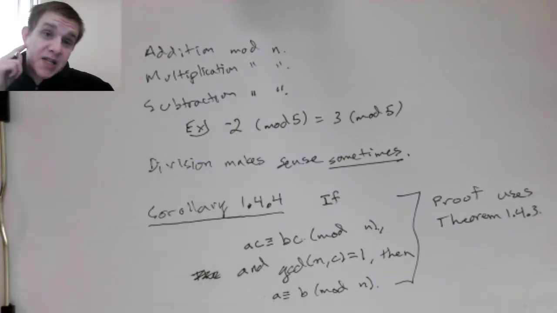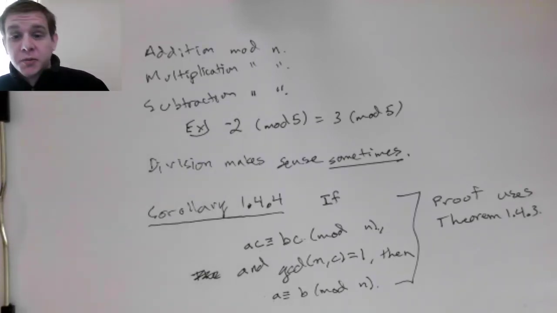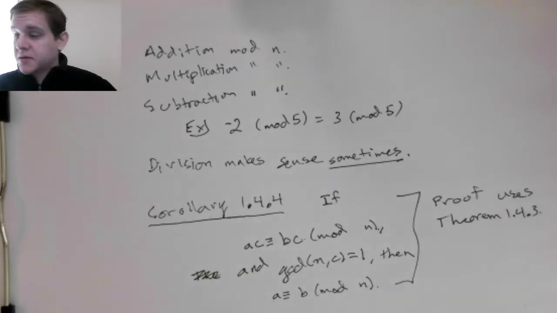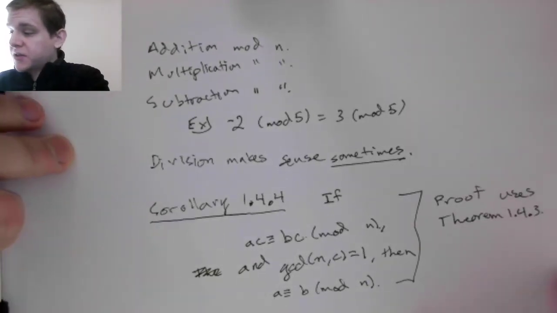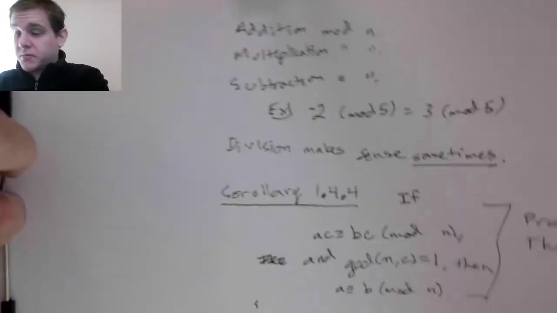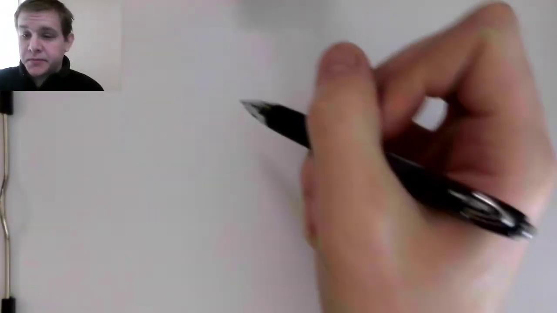So this is sort of the best case scenario, when things are invertible and you have this GCD condition. So let's discuss what happens when you don't have this GCD condition. And this leads us to our next definition.